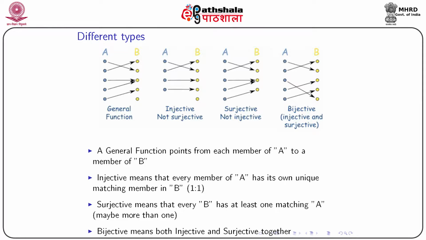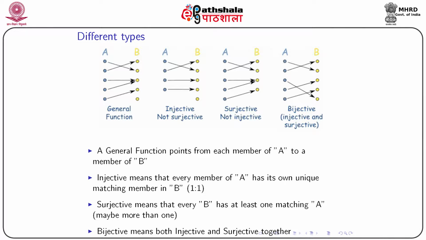We can have a different type of mapping too, that is called surjective. Now what is the definition of a surjective mapping? Surjective means that every element of B has at least one matching element in A. That means for each of these B, I will have at least one element which belongs to set A. I can have more than one element.